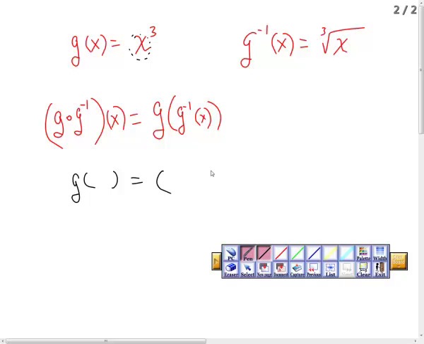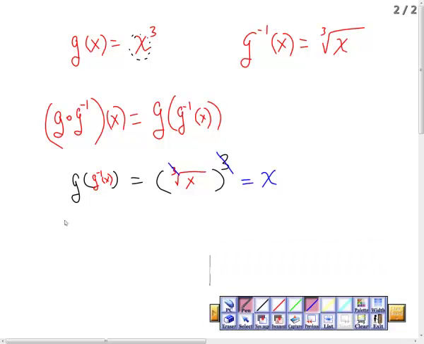So this will be parentheses cubed. Now we're going to take the inverse, and we're going to put that in place of where the x was. So this would be the cube root of x. And we know that the cube and the cube root, they're inverses of each other. They cancel out, and all we have left is x.